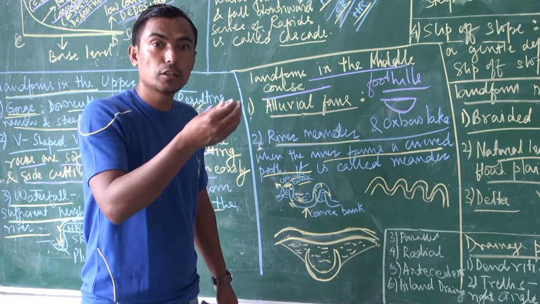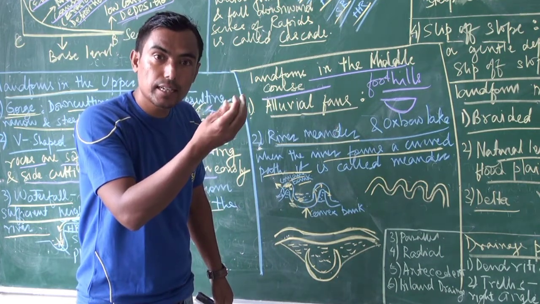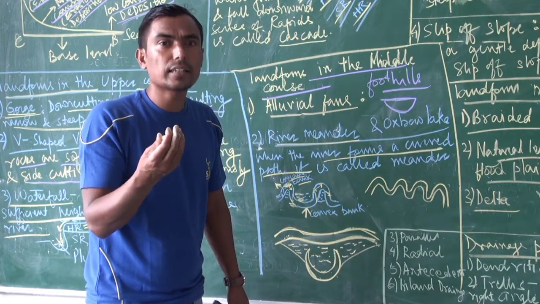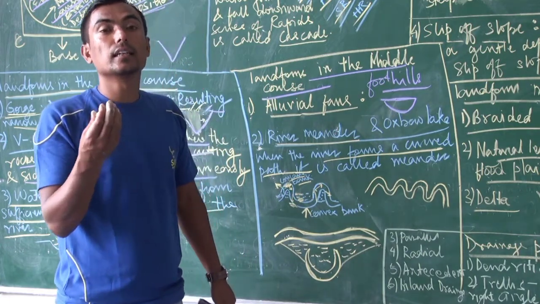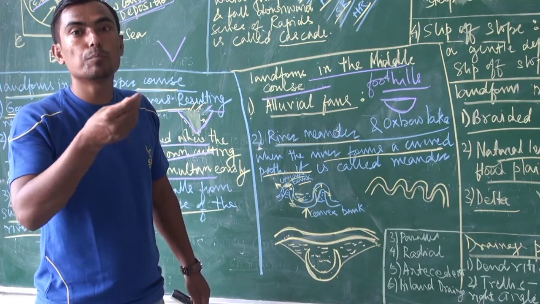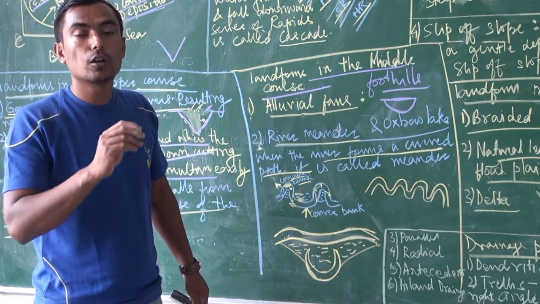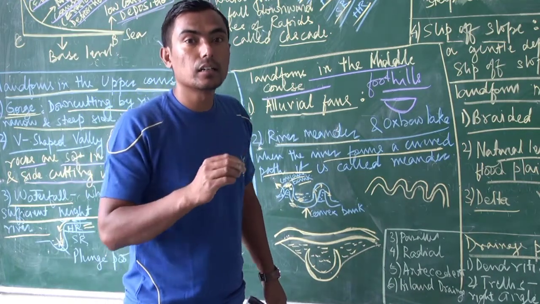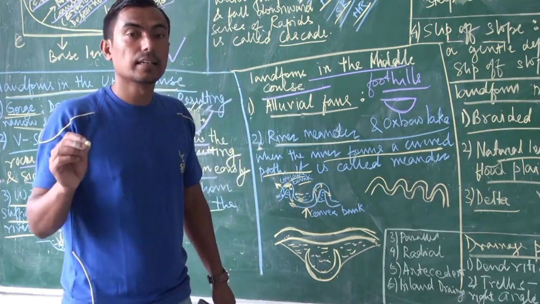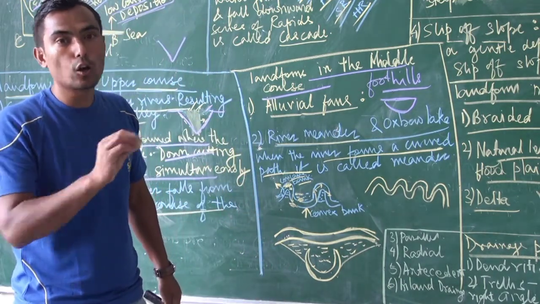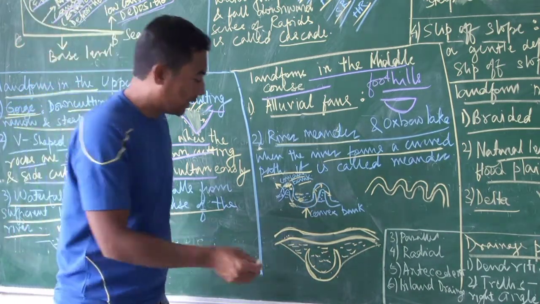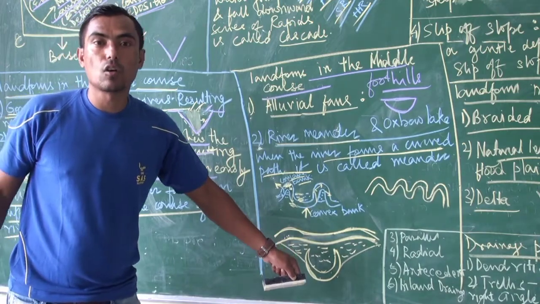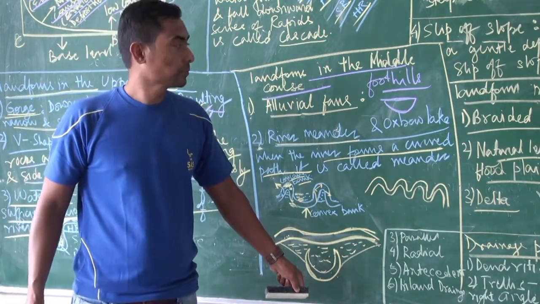So, due to continuous erosion in the concave side and continuous deposition in the convex side, a new course or a new path of the river forms, leaving behind the curved meander. That particular left out meander is called an oxbow lake.